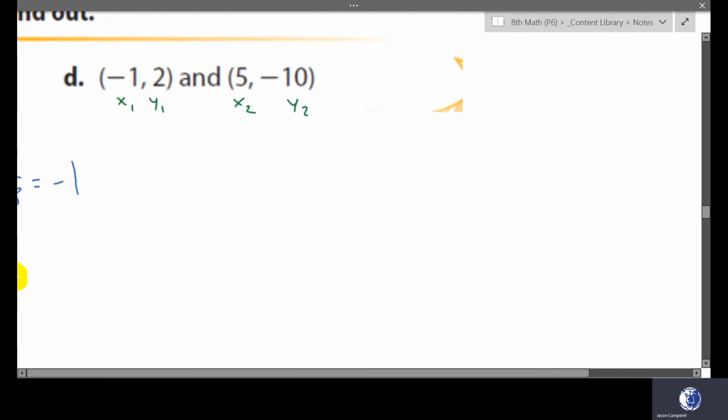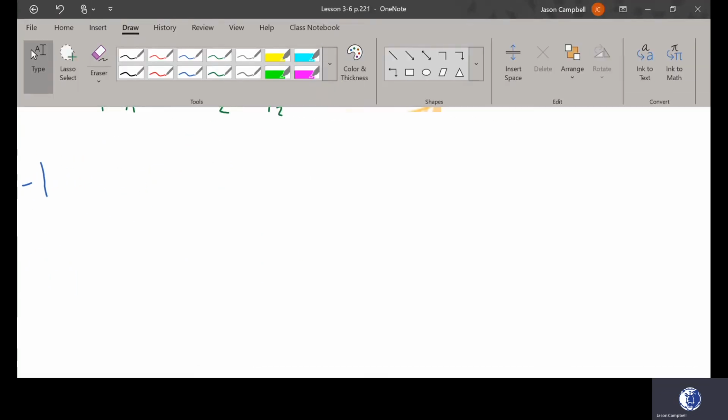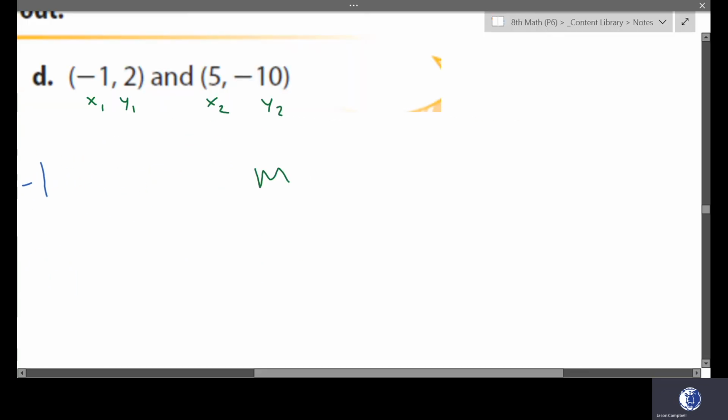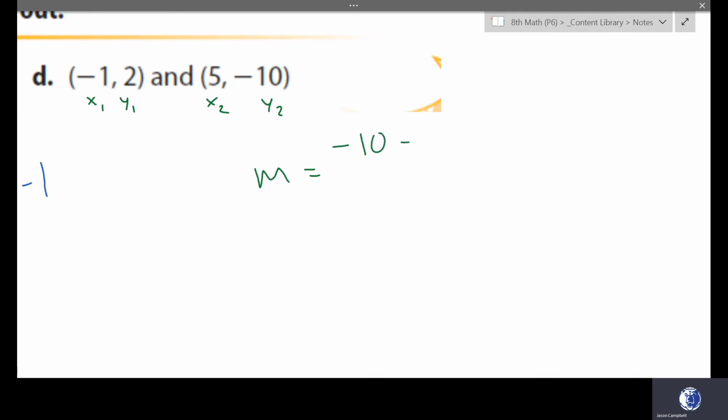I'm going to do the same thing for Got It D. My slope is y2 subtract y1 over x2 subtract x1, which is -12 over 6, which is -2.